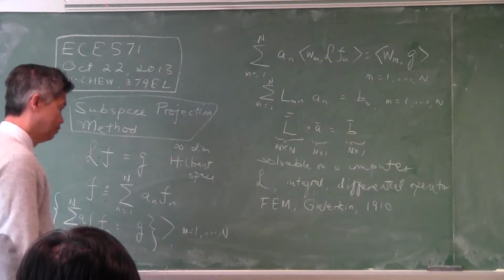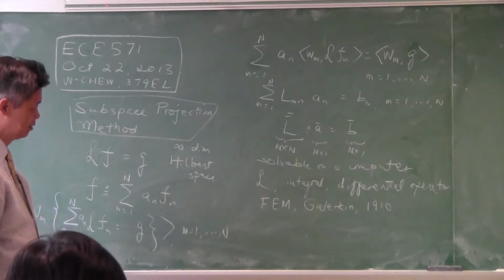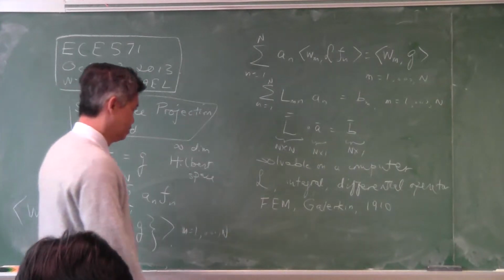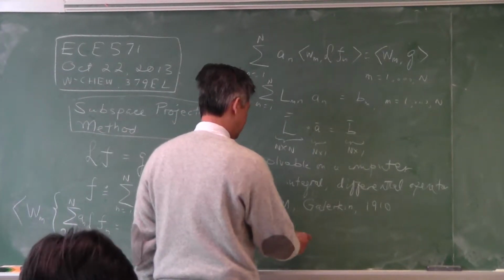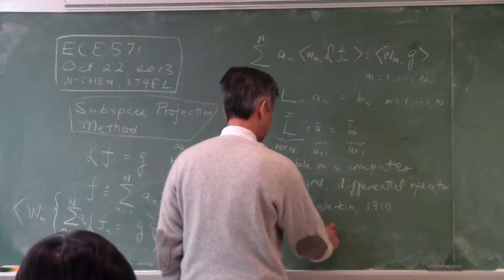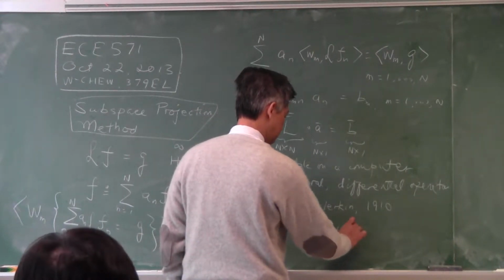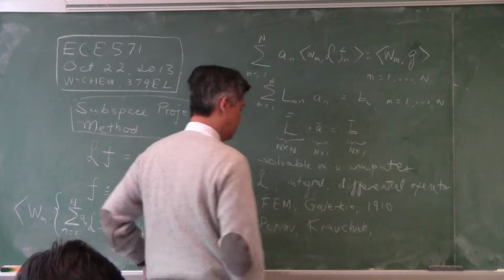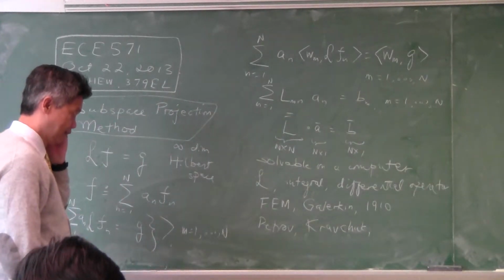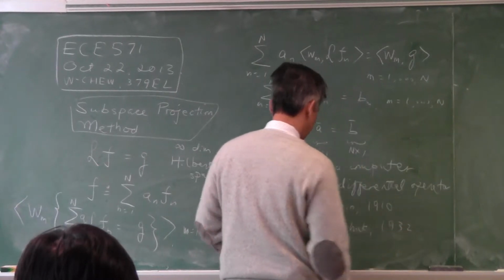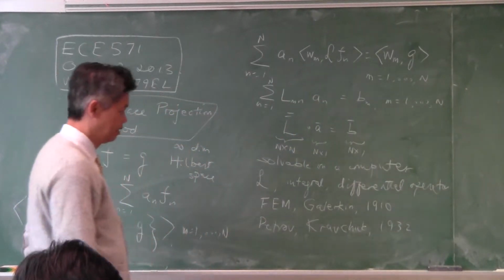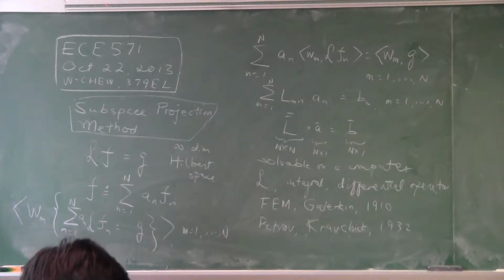And of course there are a whole slew of other Russians who used this method, and sometimes there are names like Petrov, and then names like Kravchuk. And these are around 1930 or so. And Kravchuk was particularly given the credit of applying the method of moments to solve integral equations.